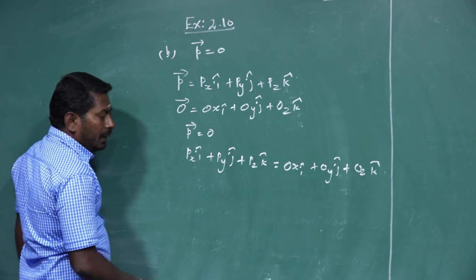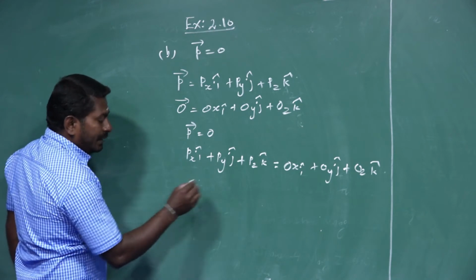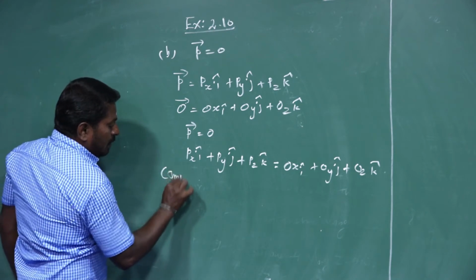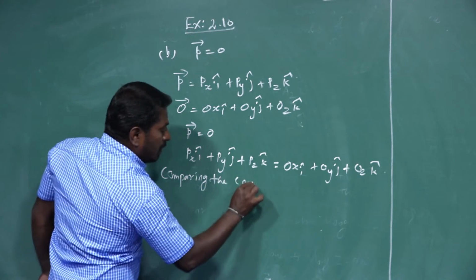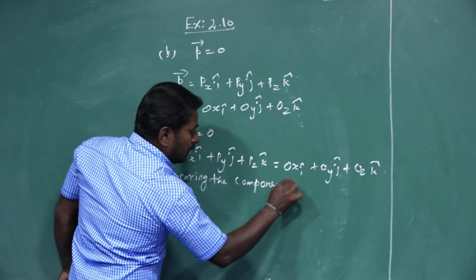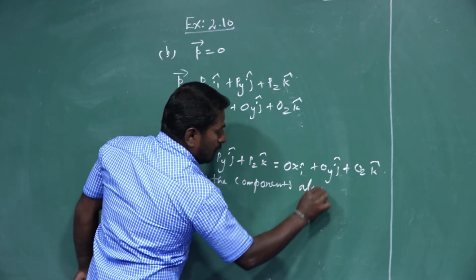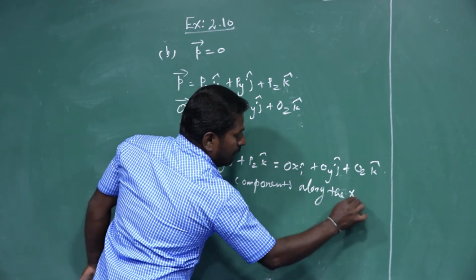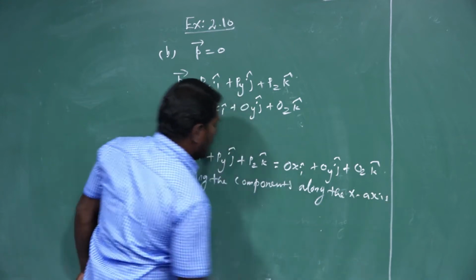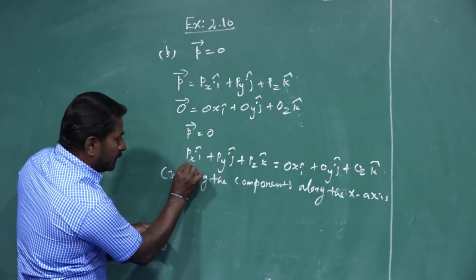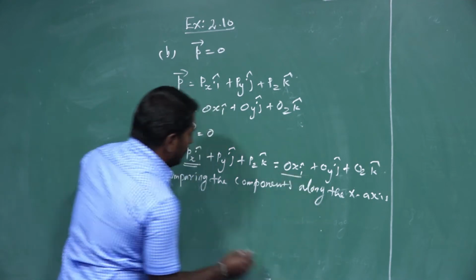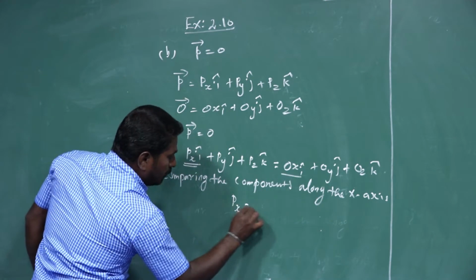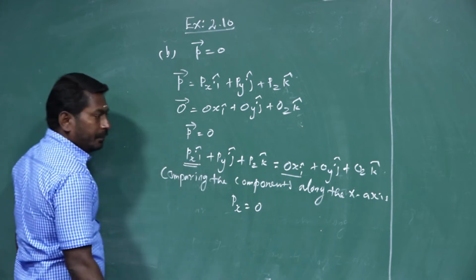Now we compare the components along the x-axis: Px i cap and 0x i cap. So Px is equal to 0.